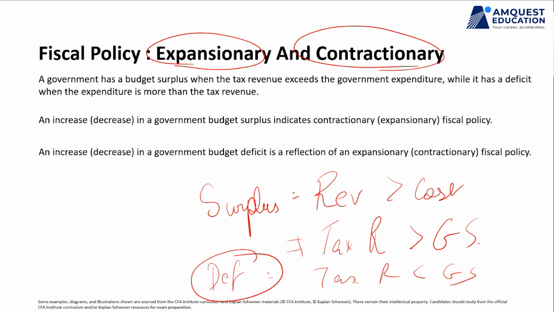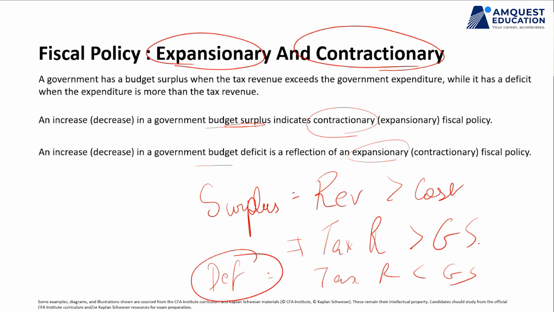Similarly, remember a surplus would increase if you have a contractionary policy. Other way around: if the surplus is going up, that means my fiscal policy is contractionary in nature. But if a deficit is going up, then the policy is expansionary in nature.